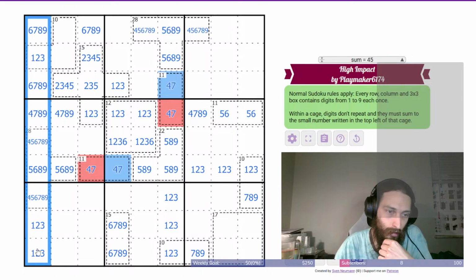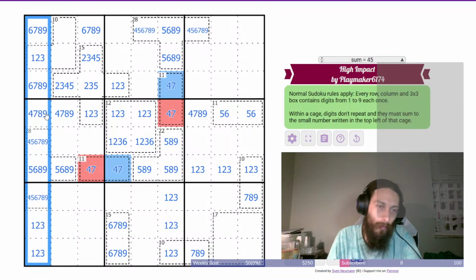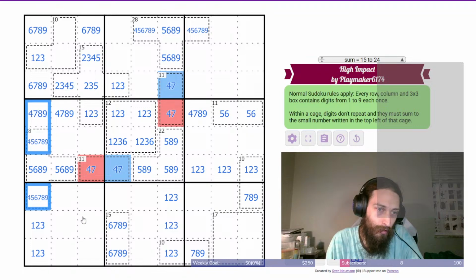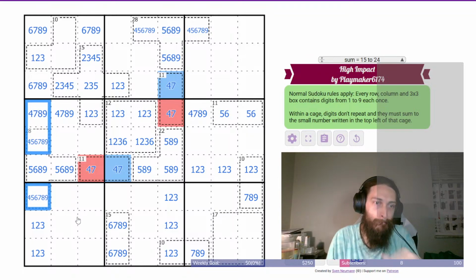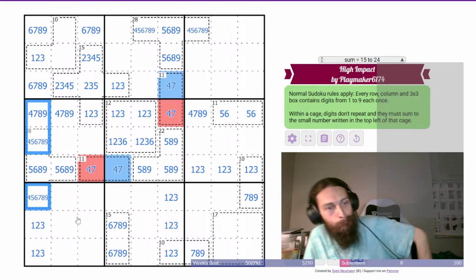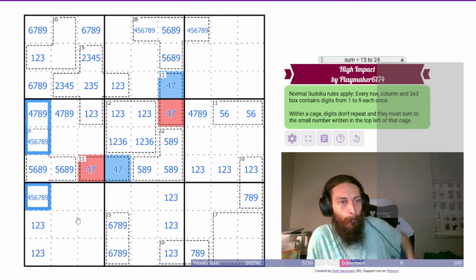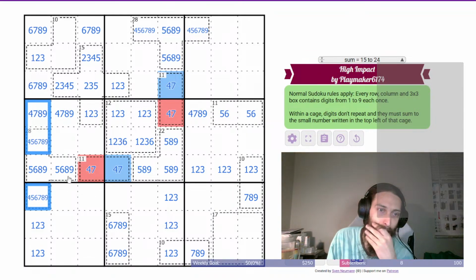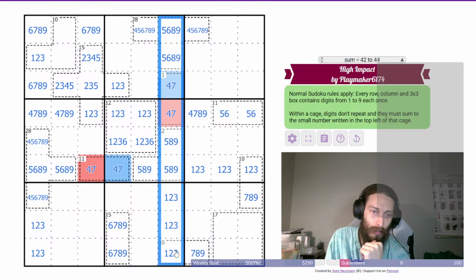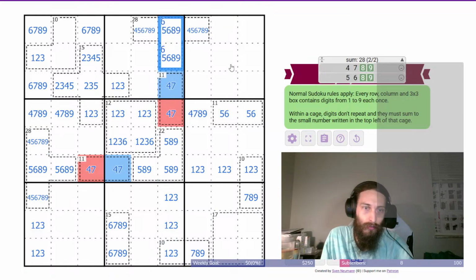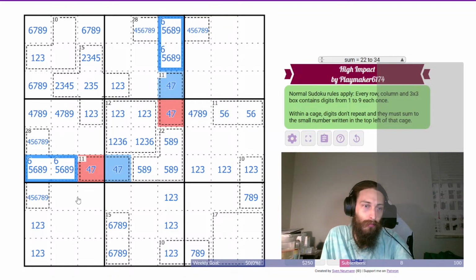Okay, in this column, 4 has to be here or one of those two. Oh, how about where in this column, I need to have a 6. And I also need to have a 6 here.